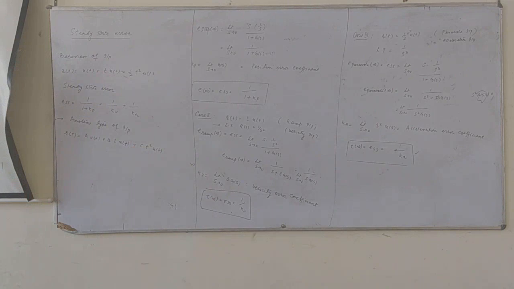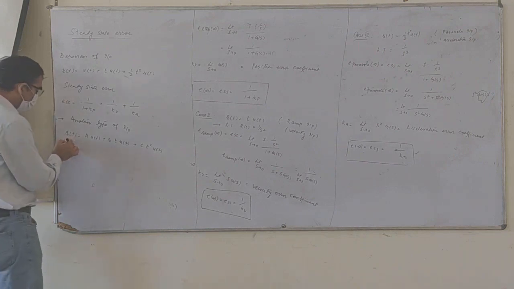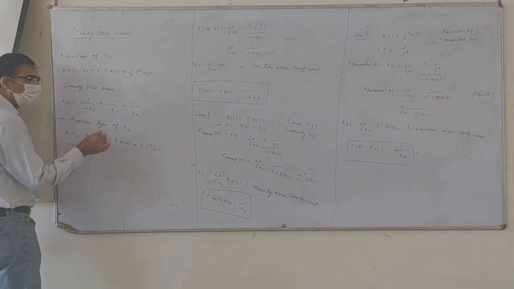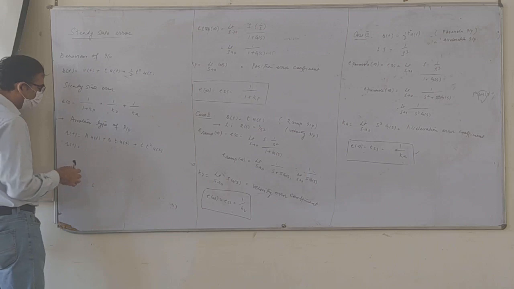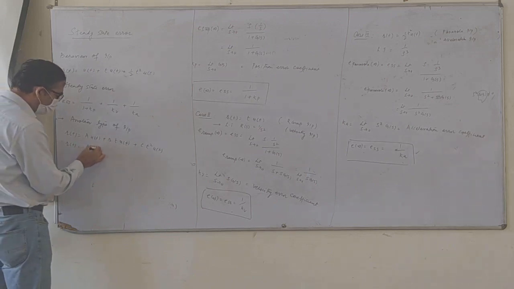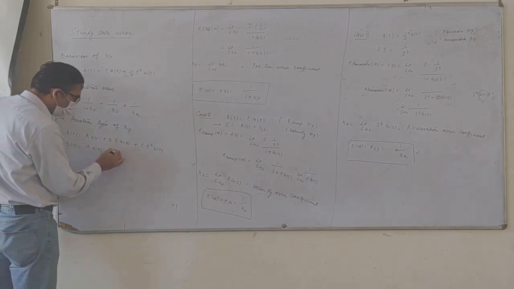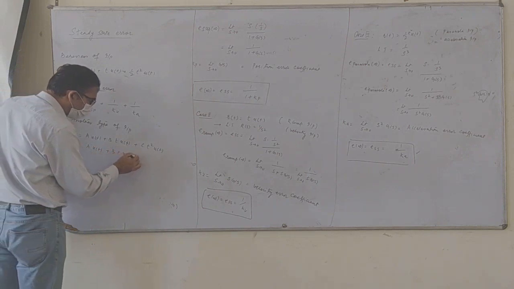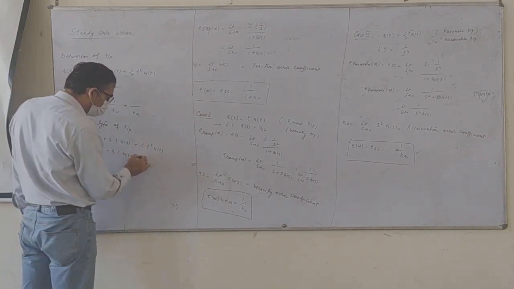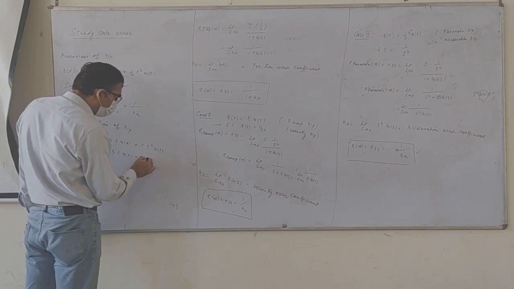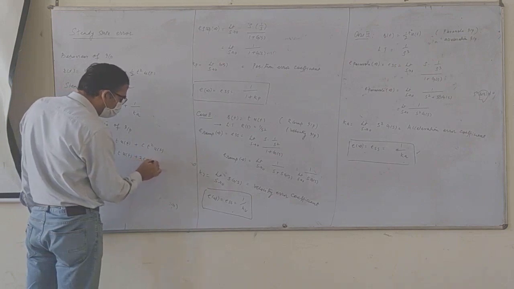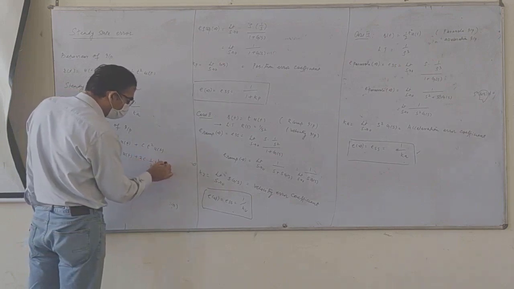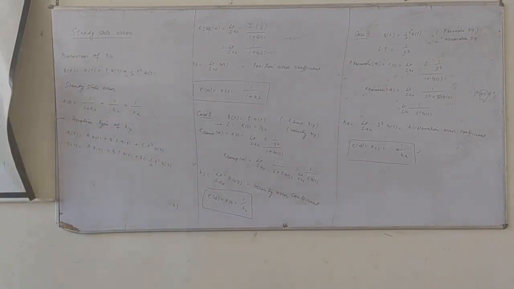What has to be manipulated in this case? You have to bring them into the standard form. So divide out. This further can be written as A u of t plus B t u of t plus C t square by 2 u of t. Here we need to multiply and divide by 2. This is the standard form of the input.